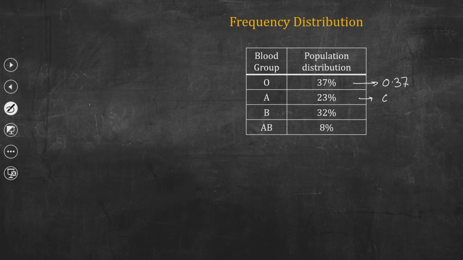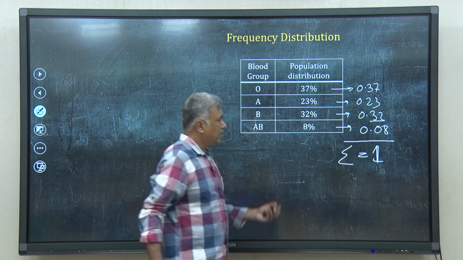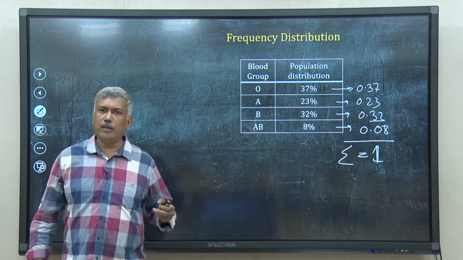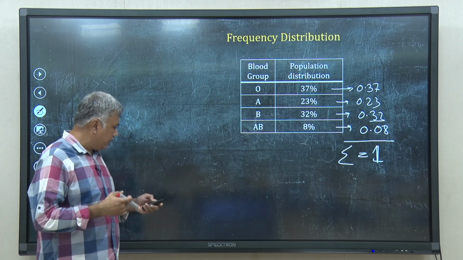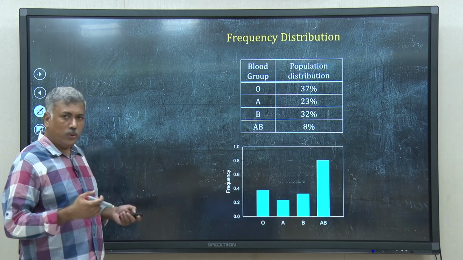Similarly, I can write the others as 0.23, 0.32 and 0.08, and the summation of all these will be equal to 1, because remember these are frequencies and proportions, so their summation should be 1. Now, I can represent the same thing also as a histogram, right?